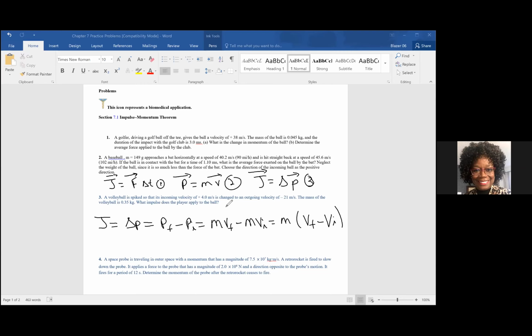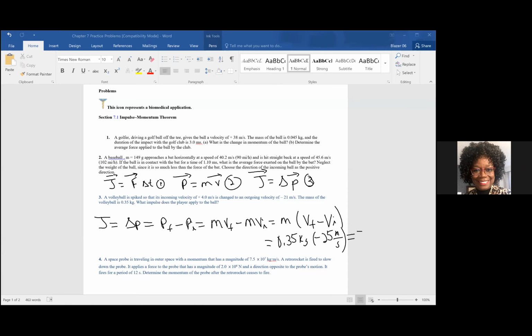So velocity final was -21, minus initial, that was 4. So then I have my mass, which is 0.35 kilograms, times minus 25 meters per second. And when I do that math, I get a negative 8.75.